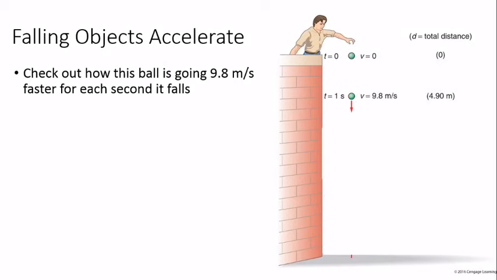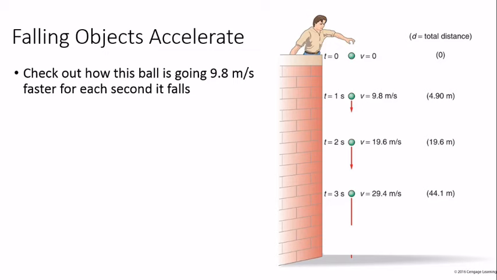So the first second it falls, it will be falling at a velocity of 9.8 meters per second. In the second second it falls, it will be falling now at twice that. Instead of 9.8, it's 9.8 times 2, or 19.6 meters per second.